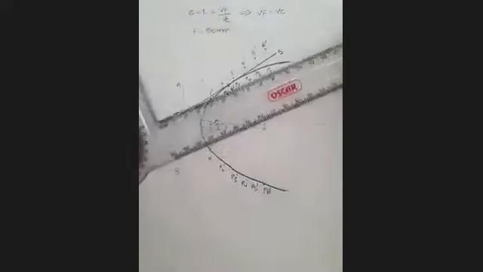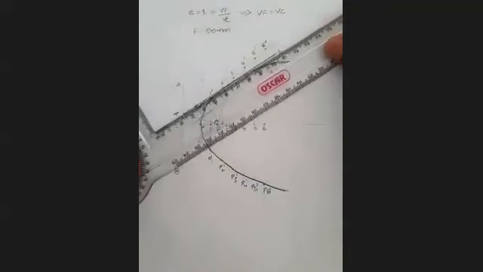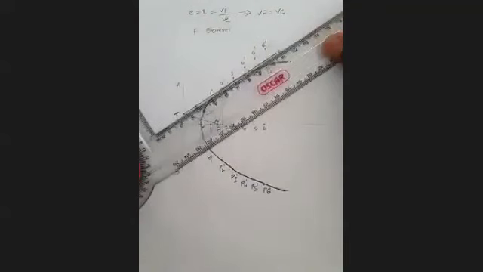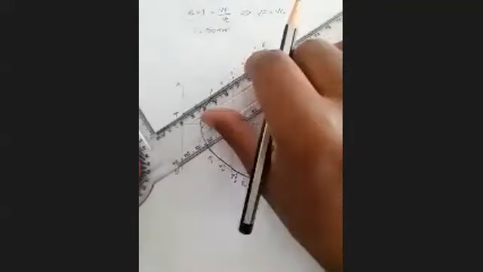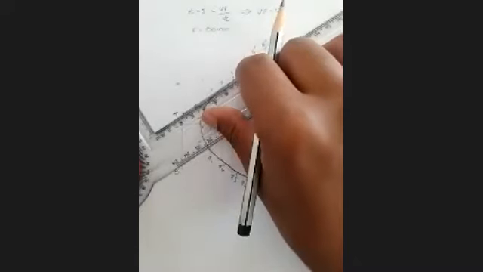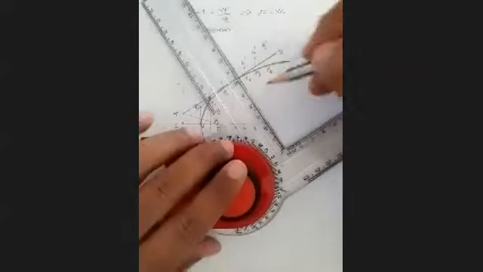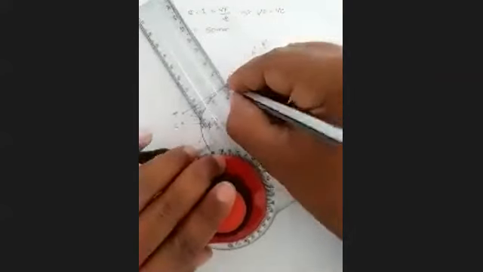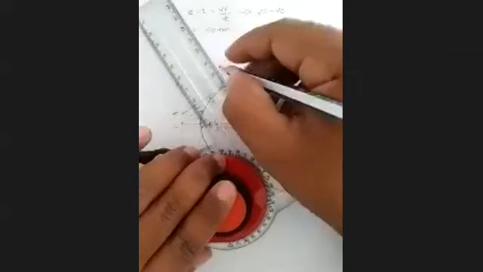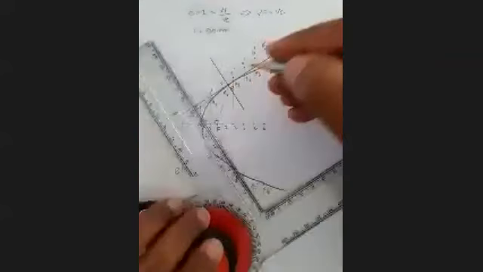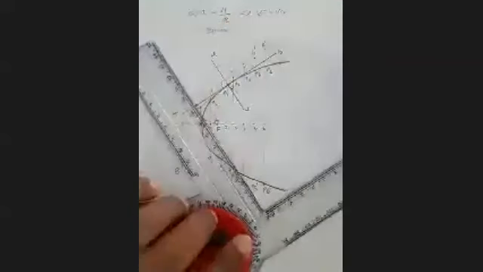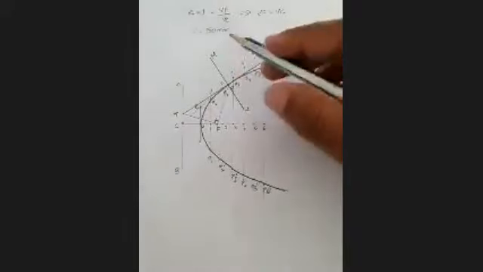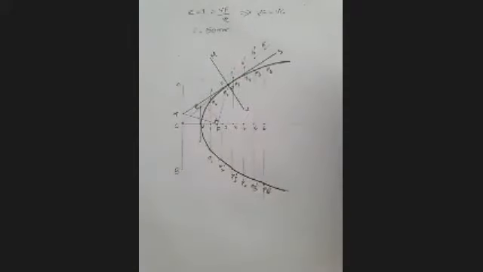So once again, make use of the drafter. You align to this tangent line, fix your knob. This will be the normal line, perpendicular line. So from P, draw a perpendicular line. This is NM, normal. NM is normal, TS is tangent.